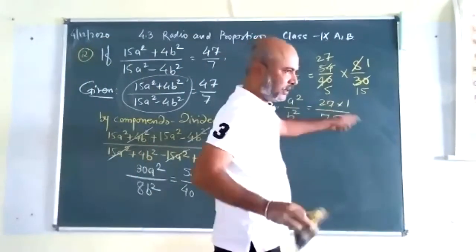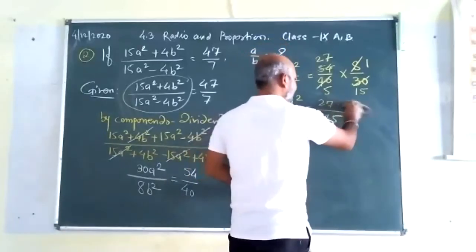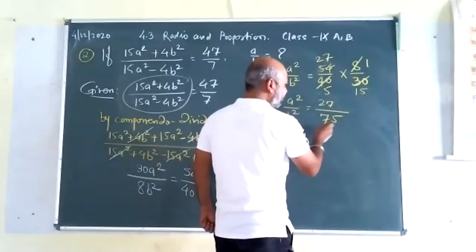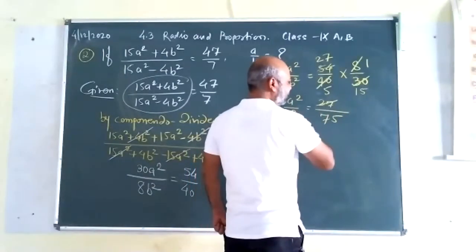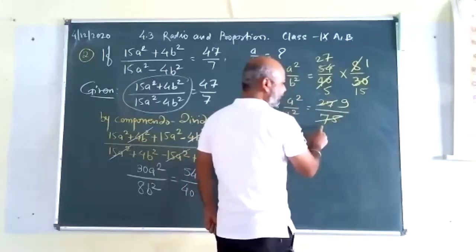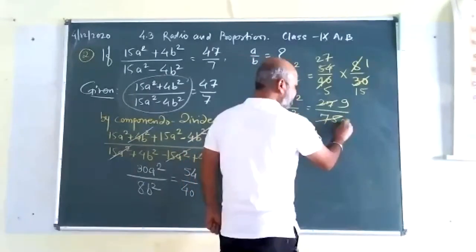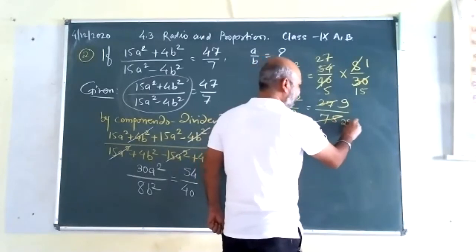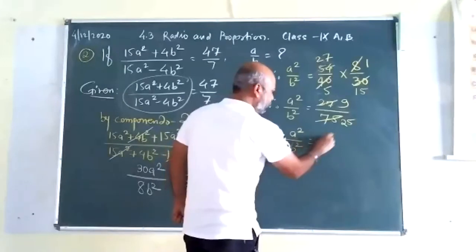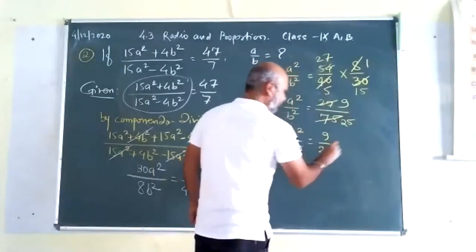So 27 multiplied by 1 is 27 only. So just divide by 3, simplify further. When you divide by 3, 3 9s are 27, 9. When you divide 75 by 3, 3 2s are 6, 3 5s are 15, 25. So A square upon B square is equal to 9 upon 25.